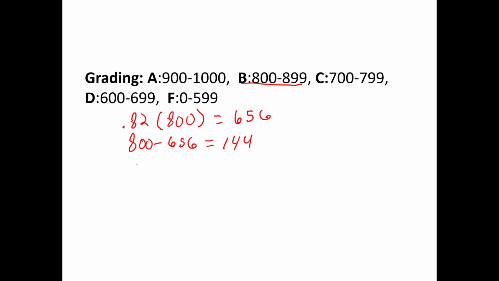And so then you need 144 out of the 200, which is a 72%. So if you go in with an 82%, you're 2% above what it takes to be a B. And so you have a lot of extra points, so that all you need is a 72%.